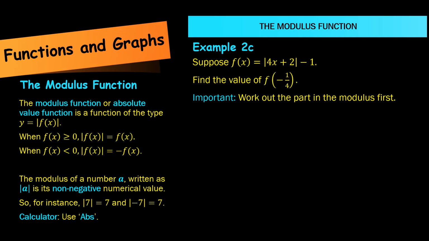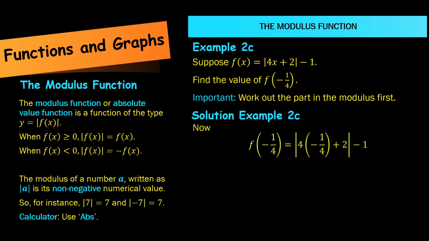Finally, for part C, we're required to find the value of f of minus 1 over 4. So let's plug in x equals minus 1 over 4 into our function, to give us 4 times minus 1 over 4 plus 2 in modulus, minus 1, as shown.